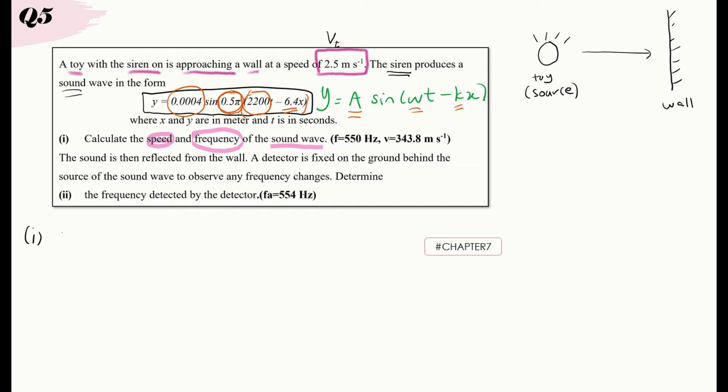The equation for the speed is v is equal to f lambda, but we don't have frequency, meaning that we need to find the frequency first. So the frequency can be acquired from the equation of omega, that is 2 pi f. And we know the value of omega is 0.5 pi times 2200, which is equal to 2 pi f.